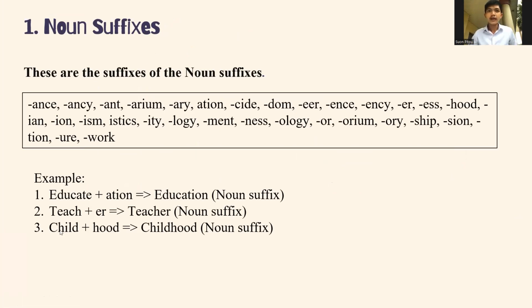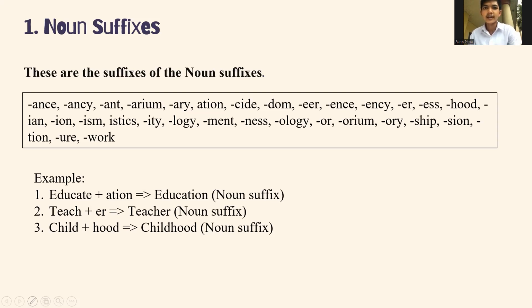In the noun suffixes, there are suffixes that you can recognize, like ANC, ANCE, ANCY, ANT, and there are a lot more suffixes like you can see in the box. For example, when we use the word educate with ATION, it will become education, and the term education is a noun suffix.